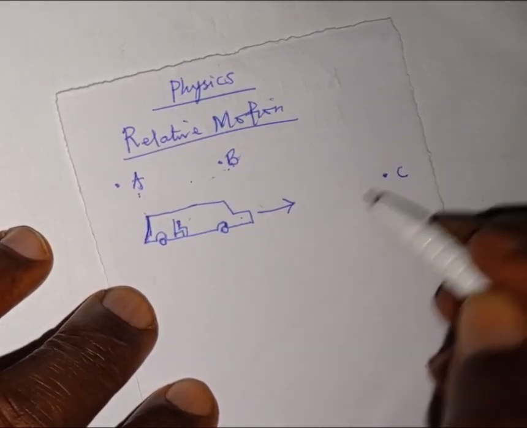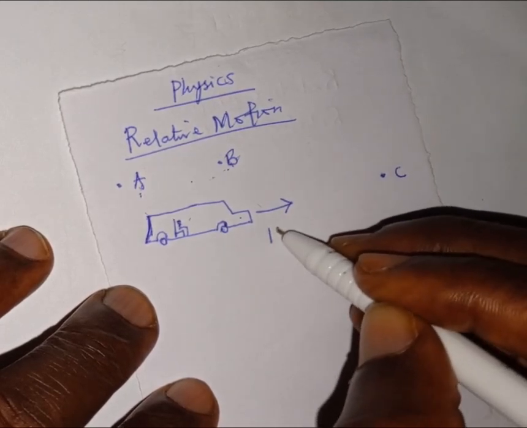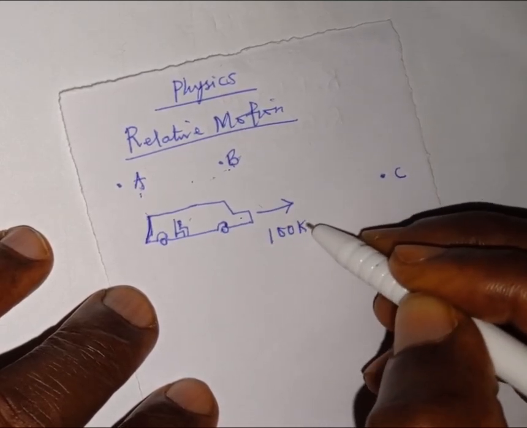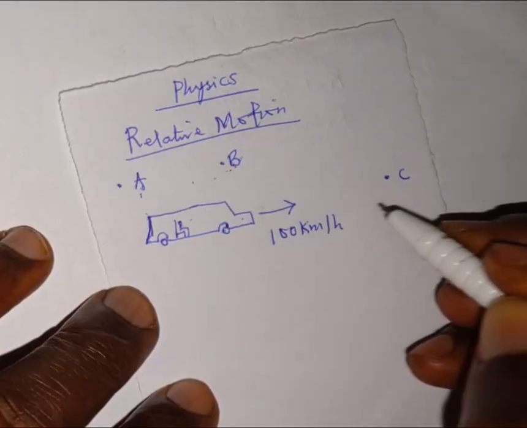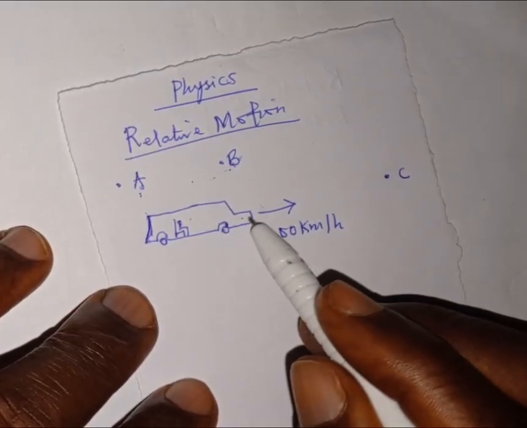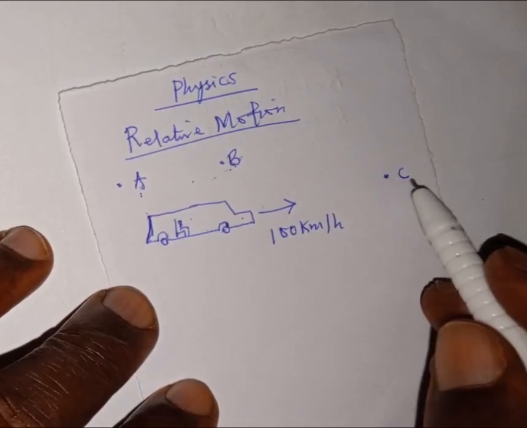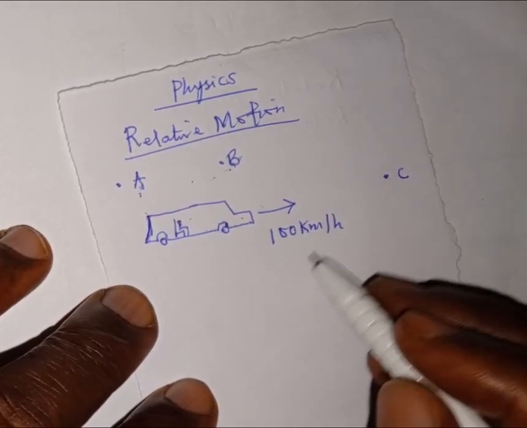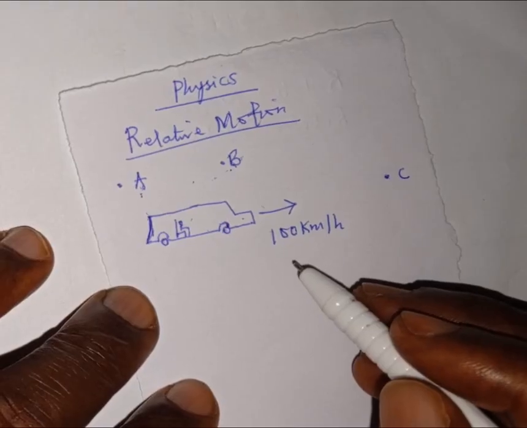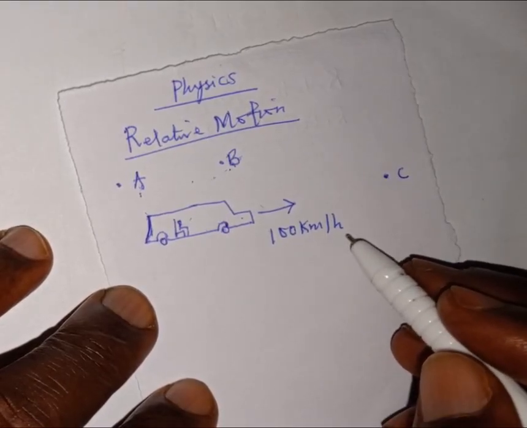The bus is traveling towards town C, or city C, at a speed of 100 kilometers per hour.